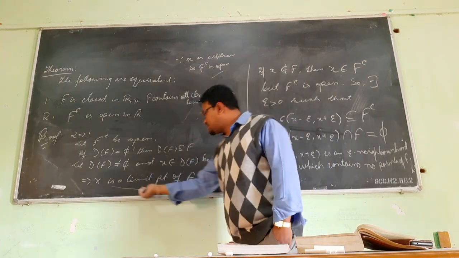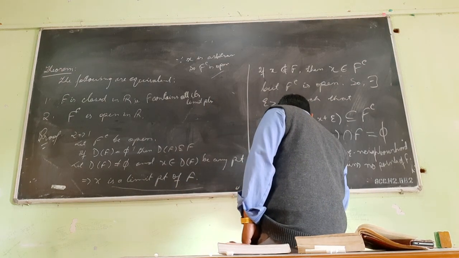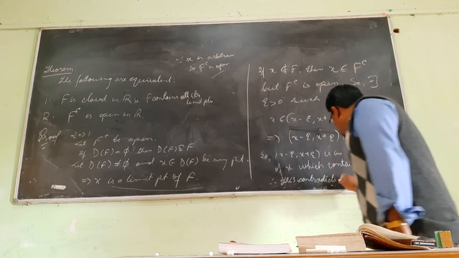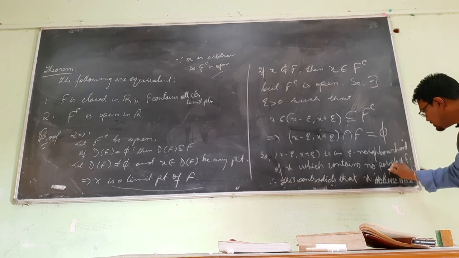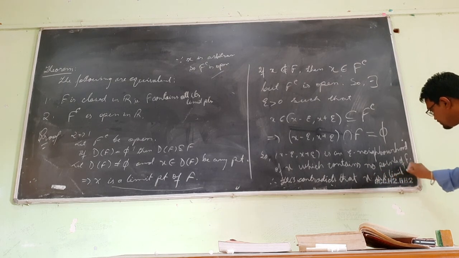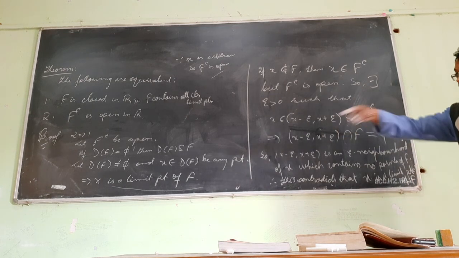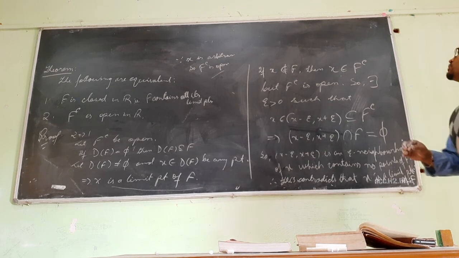But already we had X as a limit point. So therefore this contradicts that X is a limit point of F. Okay. We had started with X is a limit point. So where was the problem?